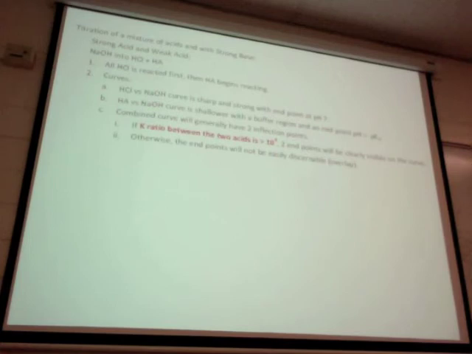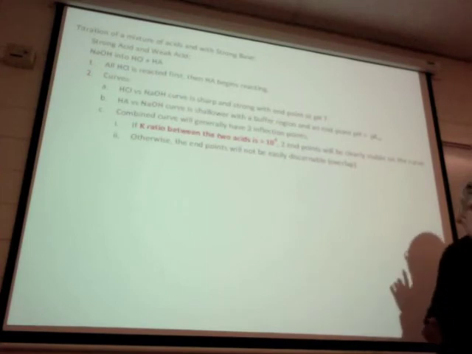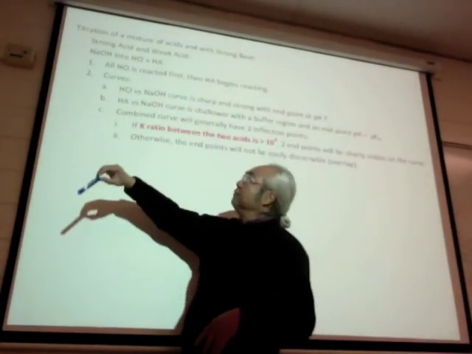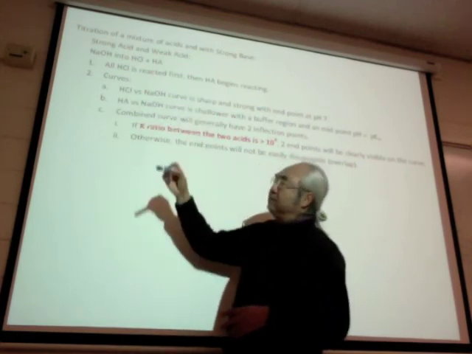Okay. Then what about titration for a mixture? So far, we talked about just one acid or one base being titrated. Then what about a mixture such as that? HCl and a weak acid HA.